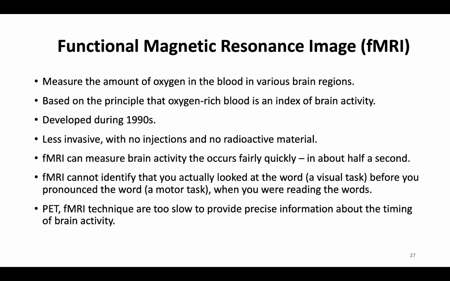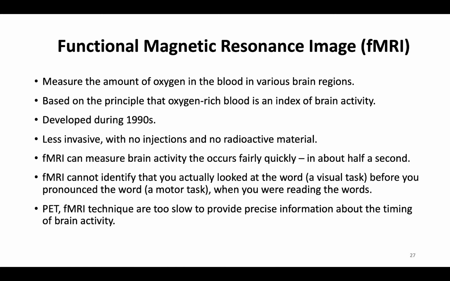With PET scan, radioisotopes need to be injected, but fMRI is less invasive, with no injection and no radioactive material. fMRI can measure brain activity that occurs fairly quickly, in about half a second.